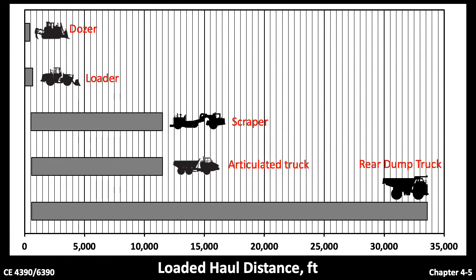This figure gives you guidance on what type of hauling units to use given different hauling distances. Again, for short distances we use dozers and loaders. For longer distances we use scrapers or articulated trucks. For extremely long distances, up to 35,000 feet, it is more economical to use rear dump trucks.